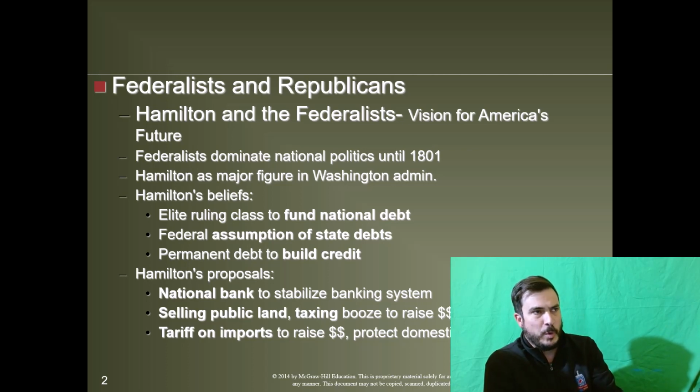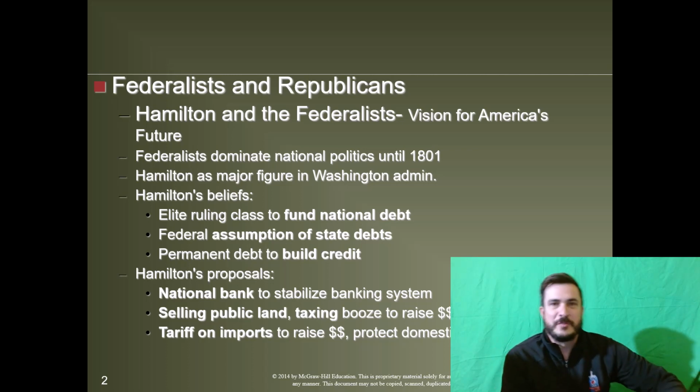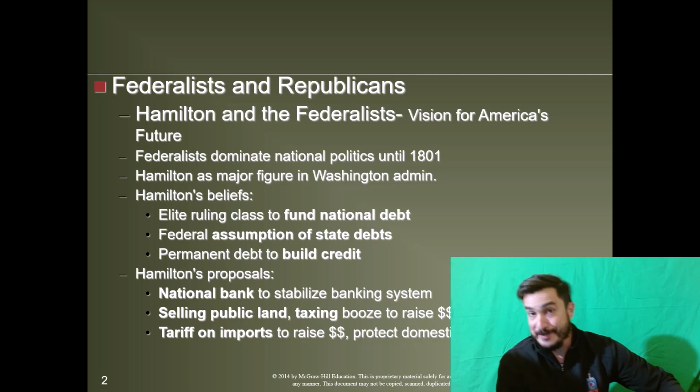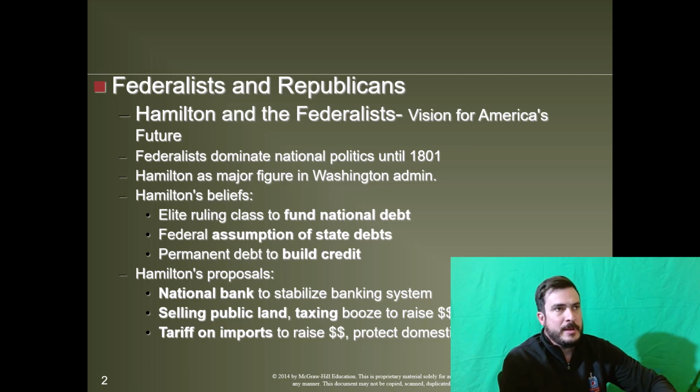One of the shortcomings of perhaps the Constitution, or maybe one of its advantages, is it did not answer all the questions that were ever going to come up in America's political history. One of the things that it did not address was the creation and existence of political parties. The framers of the Constitution couldn't even imagine that there would be differences of opinion.